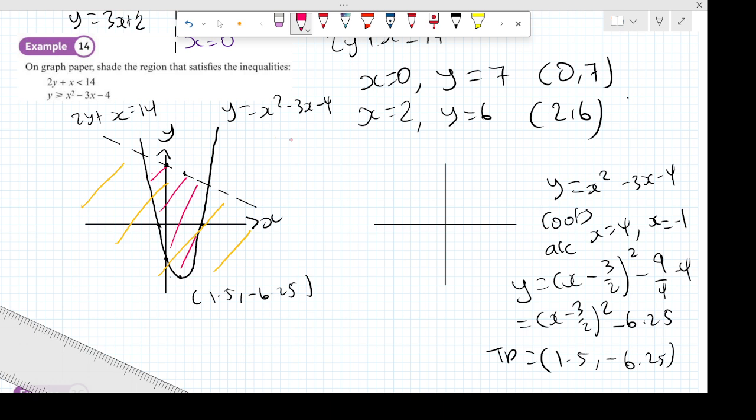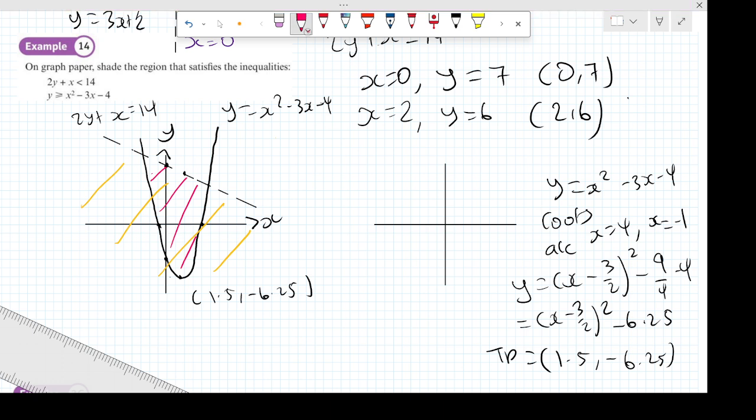So in pink is the region that's above the quadratic and below the line. So our pink shaded region is the final answer. That is the region, okay?